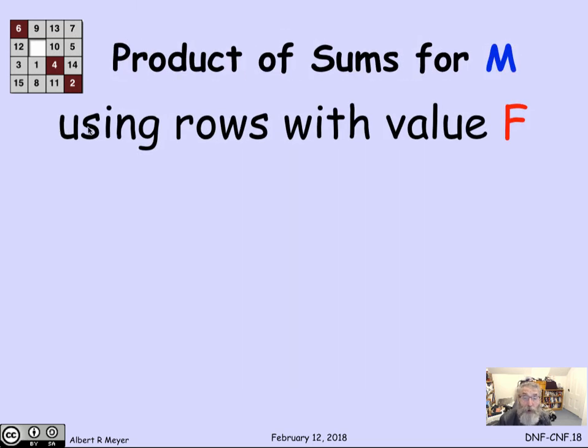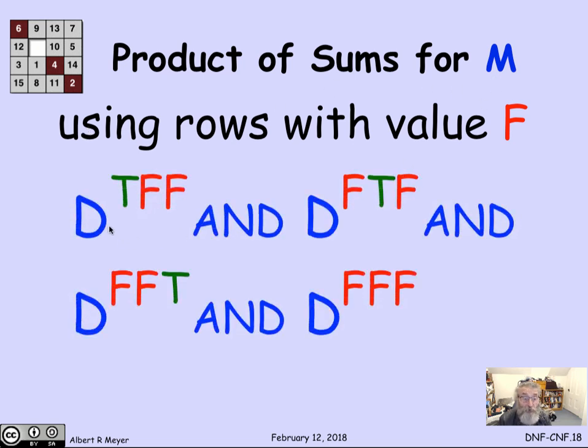Okay, so now if I look at the rows where the majority function is false, there are four of them, and I take the OR of literals for those four terms, I wind up with this formula, which is an AND of the four ORs of literals. And the claim is that this is false exactly in those rows. Why? Well, if you're in one of the rows, say FFT, then this D_FFT term is false, so the whole AND is false. But if you're not in one of those rows, then every one of those D's is true, so the whole AND is true.